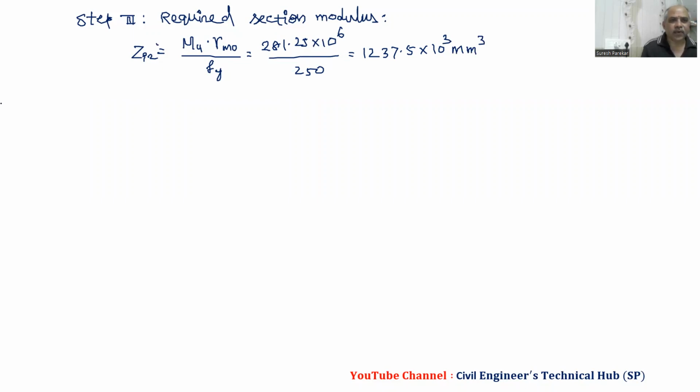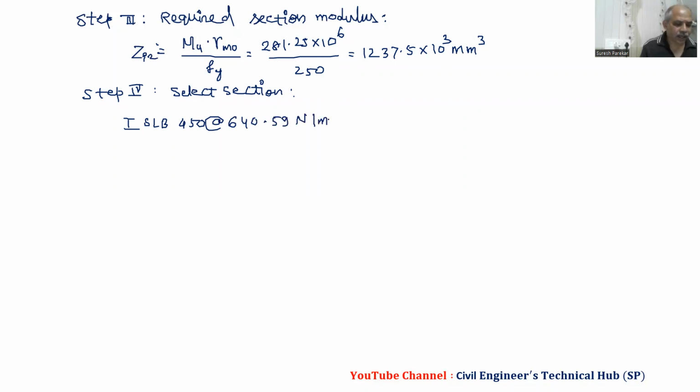Then step 4, select section. We select ISLB 450 at 640.59 Newton per meter, and the Zpz value is 1401.35 into 10 raised to 3 millimeter cube.